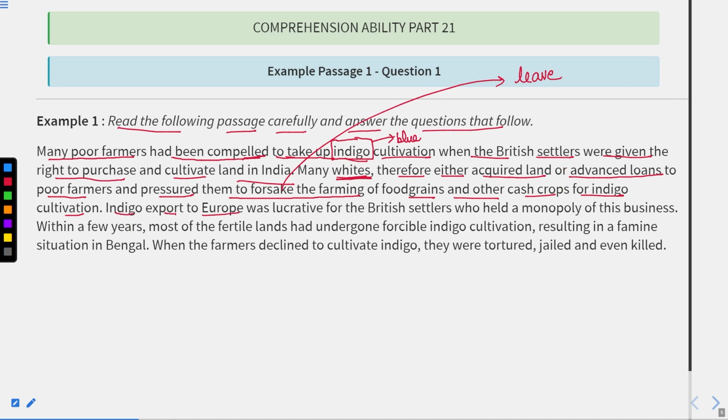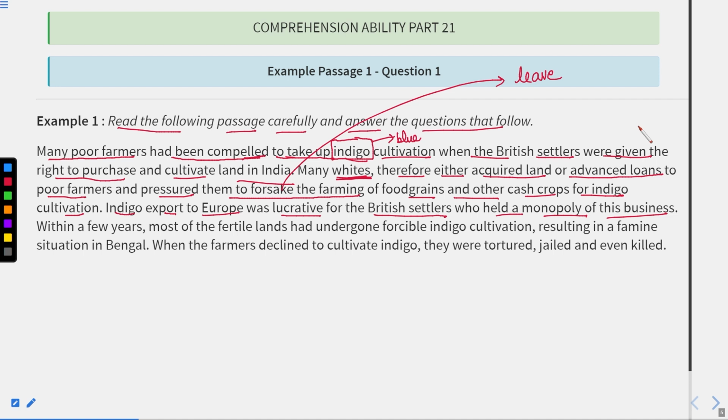Indigo export to Europe. Now, what was the main aim of this? They wanted to export indigo to Europe. It was lucrative. Lucrative means profitable for the British settlers who held a monopoly of this business. Monopoly means that only their authority was there. There was no other person in the market.